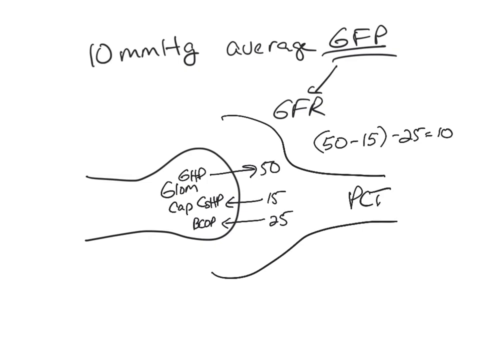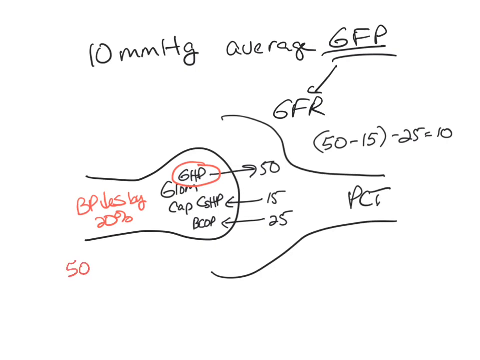So let's take a situation where the blood pressure drops. So say your blood pressure decreases by 20%. So that's going to change the glomerular hydrostatic pressure because that's caused from heart pressure, right? That's caused from the blood pressure, the pressure of the heart beating and pushing that blood into that glomerular capillary.